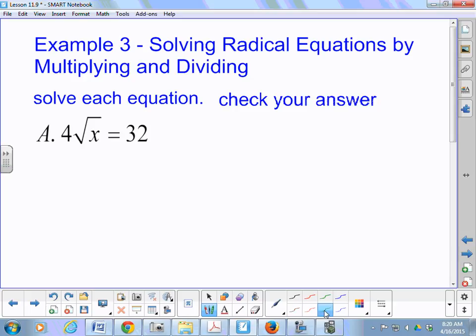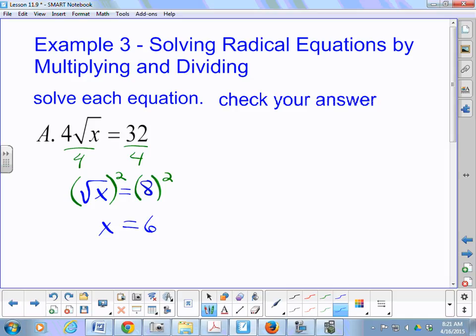Divide by 4, because the 4 is on the outside of the radical. So we get square root of x equals 8. And then we square both sides. We got the radical by itself. We get x equals 64. Good.